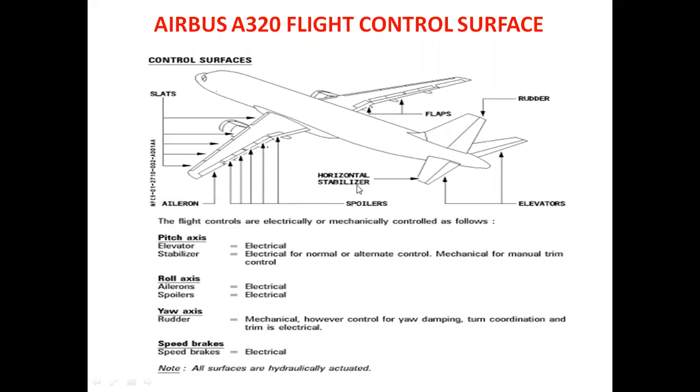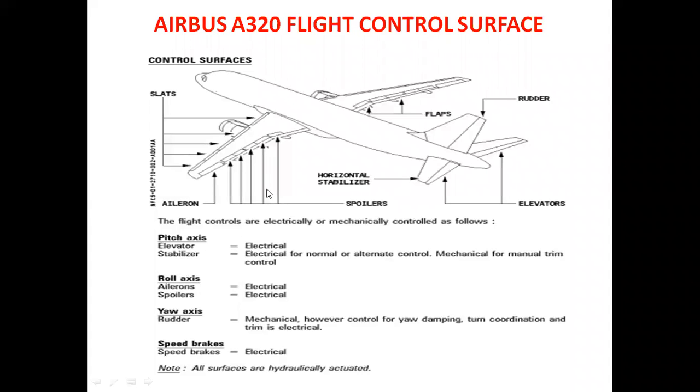All flying control surfaces can be controlled either electrically or mechanically, but their actuation, their operation, is through hydraulic power in the Airbus. Most transport category aircraft are generally controlled electrically or mechanically, but their actuation is with hydraulic power. We can call that power assisted flying control surfaces.